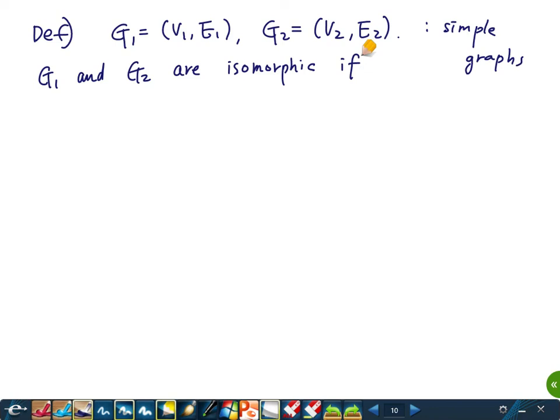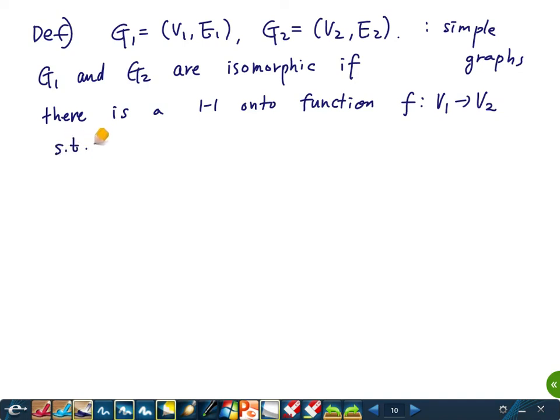Isomorphic basically means they are somehow of the same shape in some sense. If there is a one-to-one onto map, so a bijection f, from one vertex set to another, such that there is an edge between u and v if and only if f(u) and f(v) are joined by an edge in the other set.